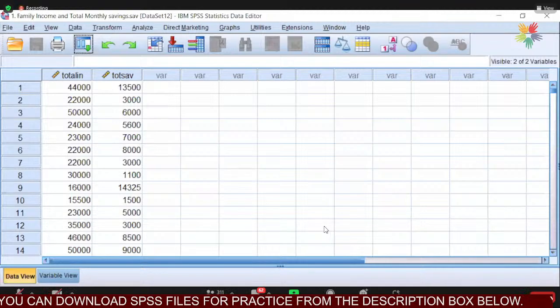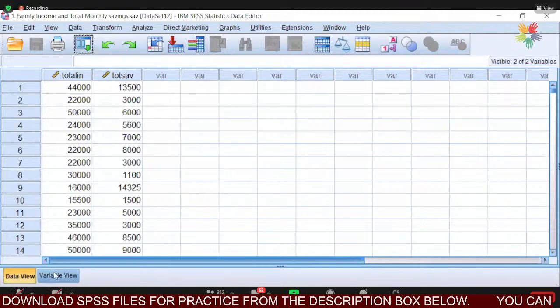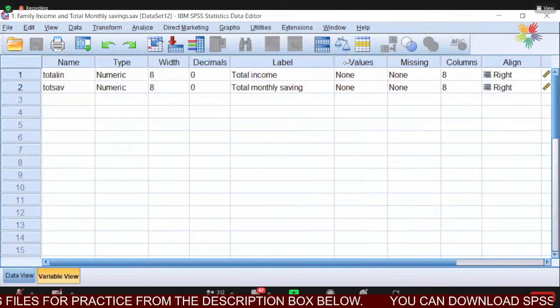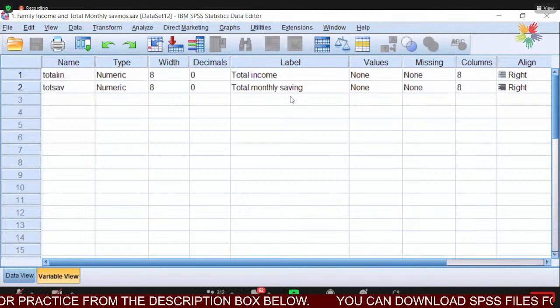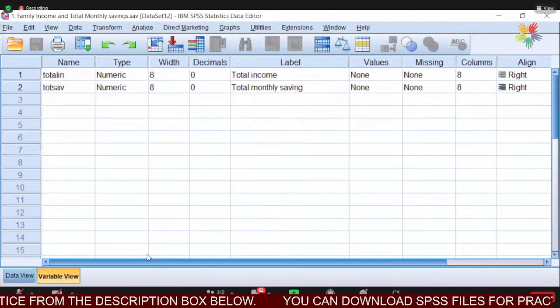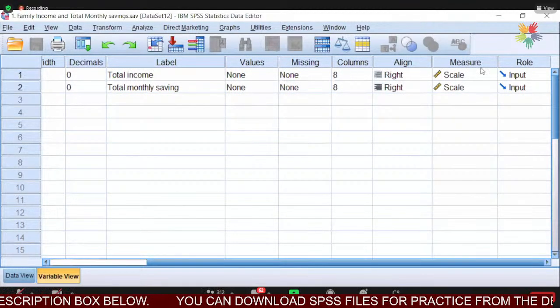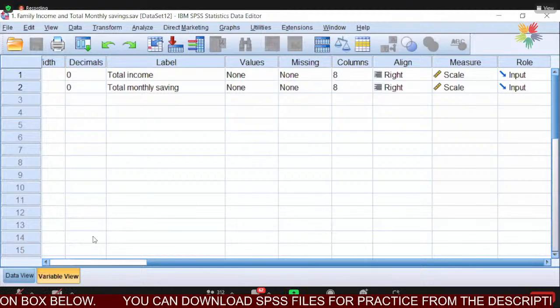I've taken two variables: one is total income, another is total monthly savings. Both have no options, no values given, so here it is mentioned as scale.